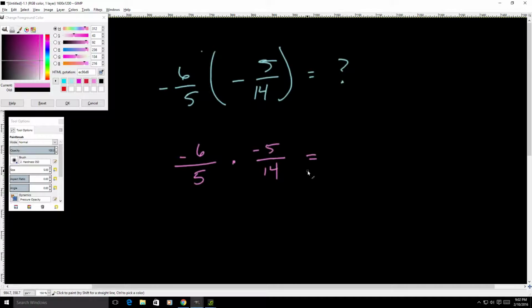Now what does that equal? You could just go ahead and multiply across. Negative 6 times negative 5 is positive 30, because negative times negative is equal to a positive. 5 times 14 is equal to 70, I believe.